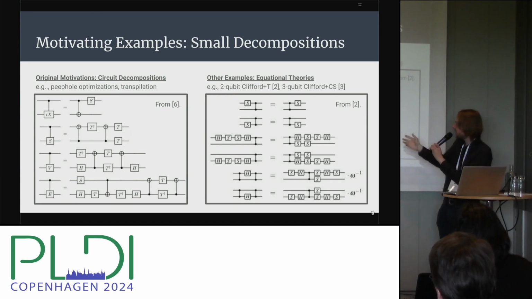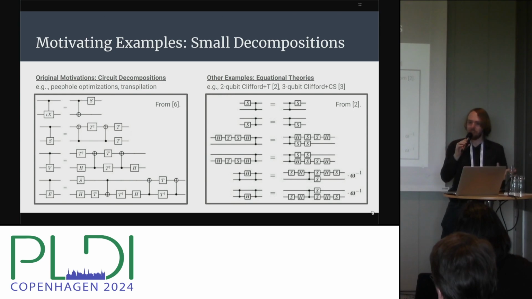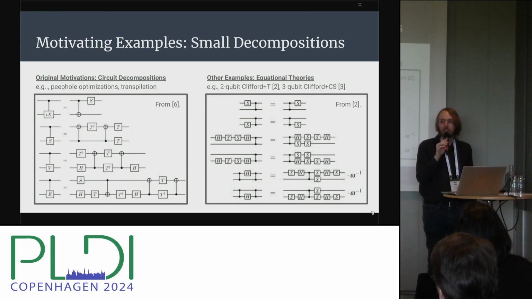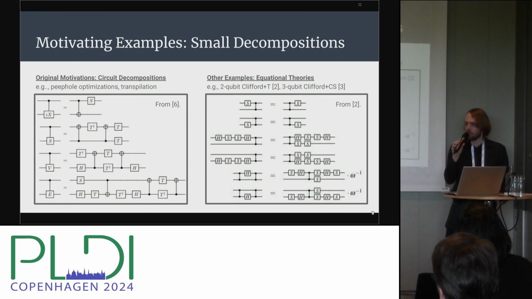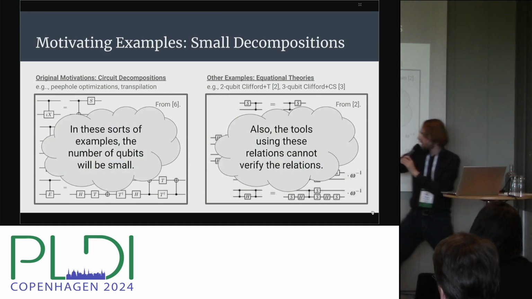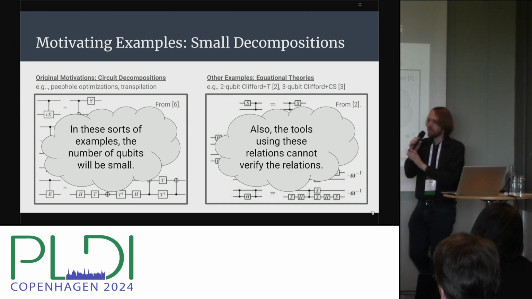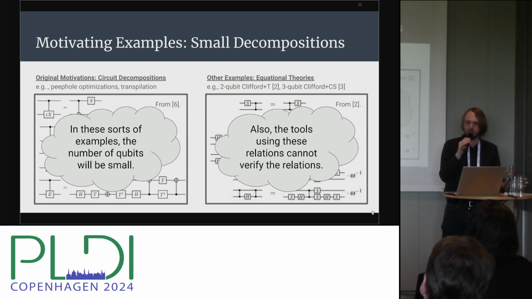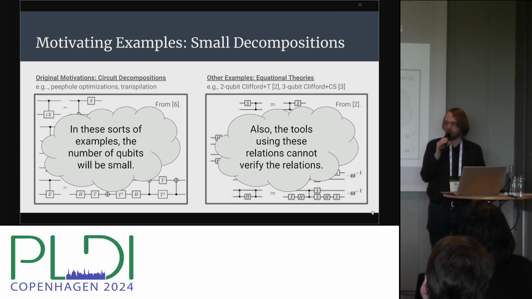There are also a lot of other examples of these small circuits that usually get overlooked in the verification work. For example, the rewriting rules in the equational theories I mentioned early on. And like I said, on this side, you have a small number of qubits. With these equational theories, you wouldn't want to use these rewriting tools to verify them because that's kind of cyclic. You're using your rewriting system to verify your rewriting system.